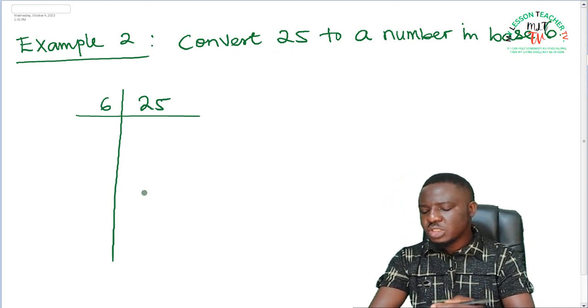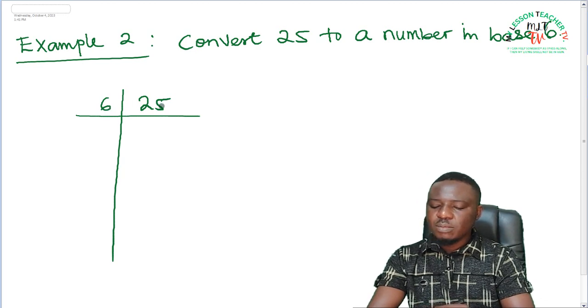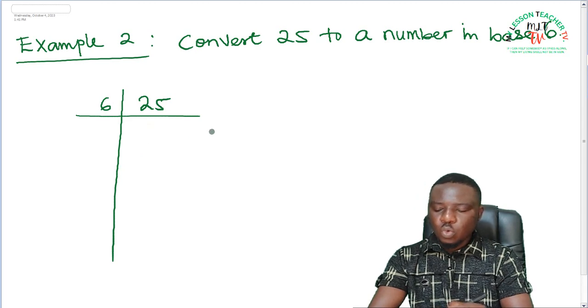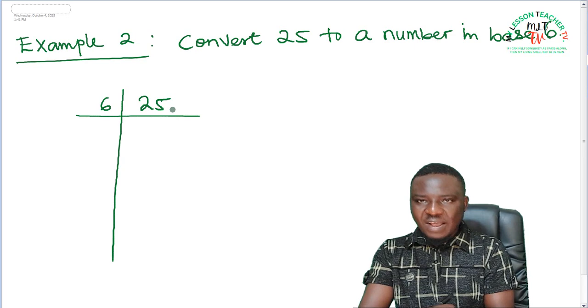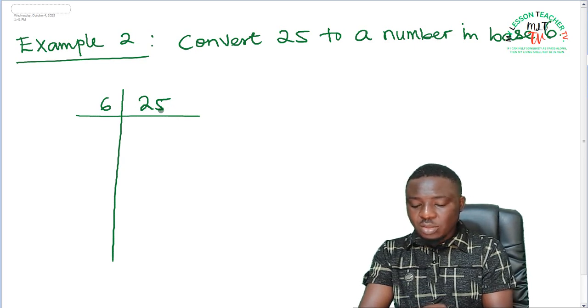You divide 25 by 6, write the multiple plus the remainder. We'll keep dividing the multiple until we get to 0. So 6 into 25, or 6 into 2, it cannot bring 5, it becomes 25.